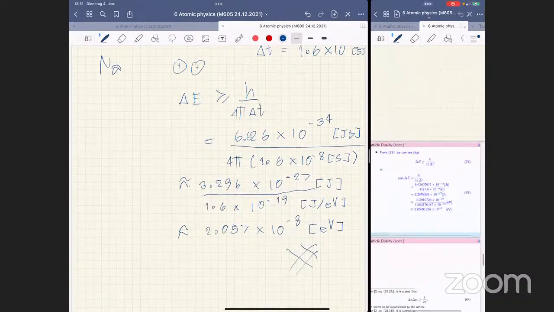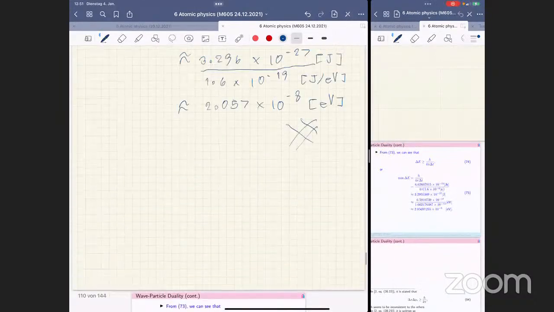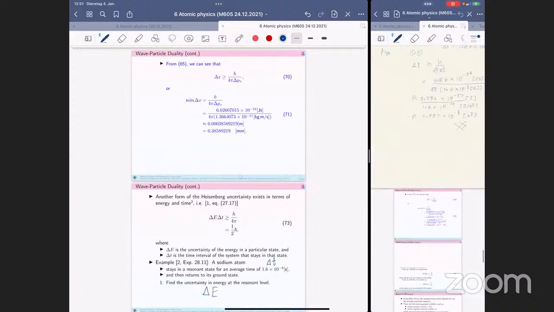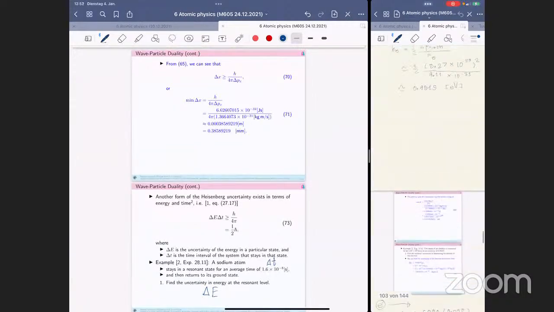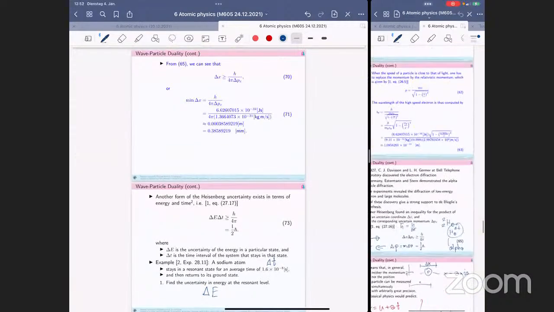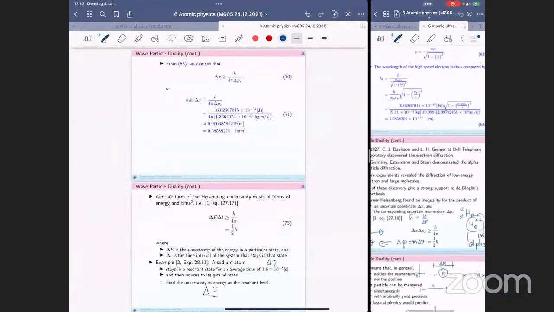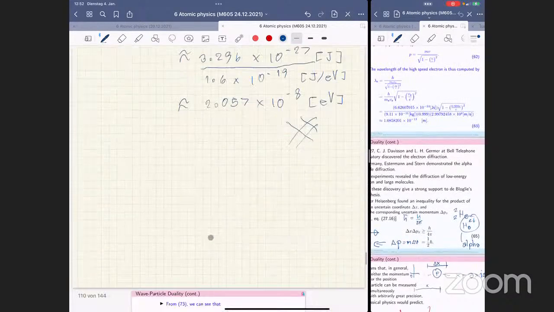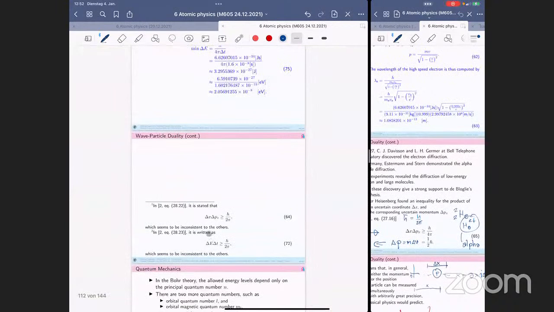You have already seen the application of the Heisenberg uncertainty in terms of energy and time. We have not only the uncertainty along the x-axis, but also the uncertainty of the product of energy and time. So let's move to the next thing.